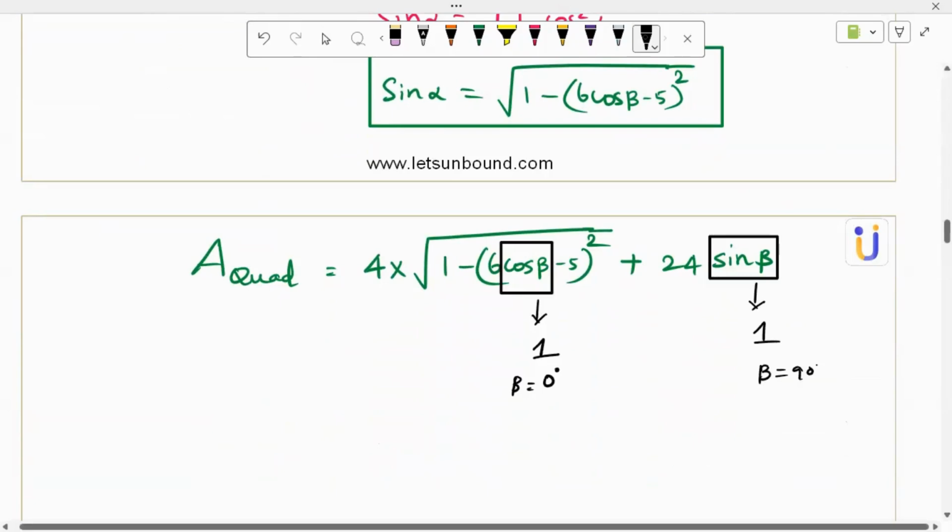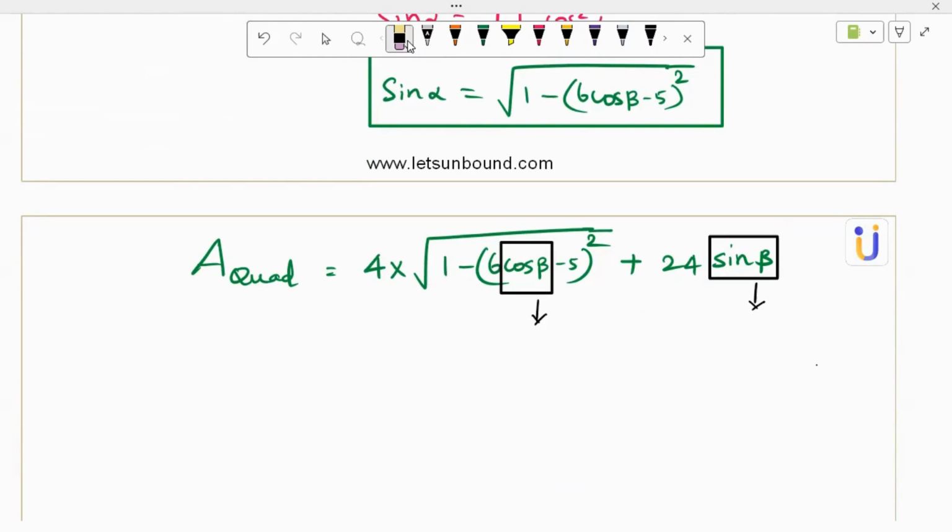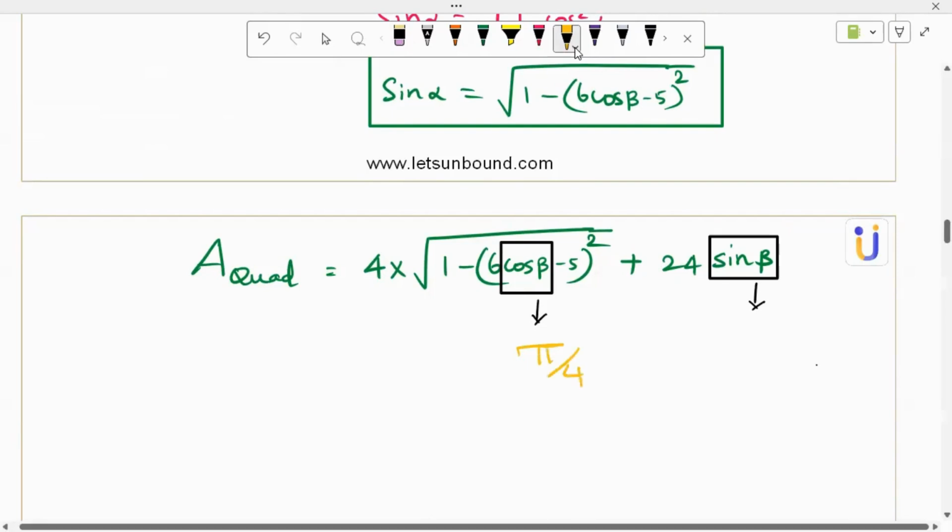But beta should be the same. So in that case, we have to pick the value where cos and sine are the same. At which angle? At 45 degrees, pi by 4. So substitute pi by 4. Both will be the same, right? And that's the maximum it can reach.